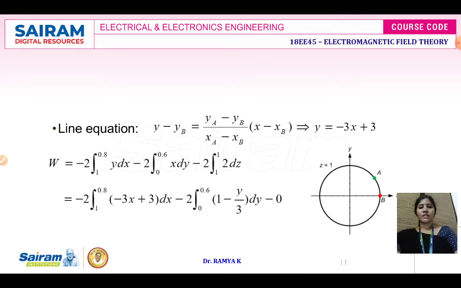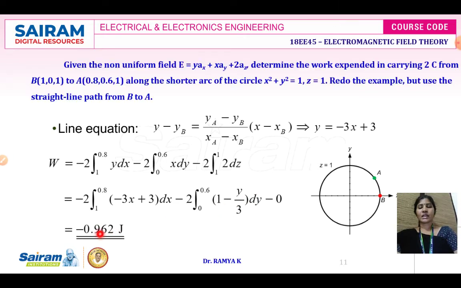We'll get the answer as -0.962 joules. If you look at the answer for the previous problem and this problem, it is the same. Whether you move the charge from the initial point to the final point along the arc, or through the line segment, the answer is going to be the same.